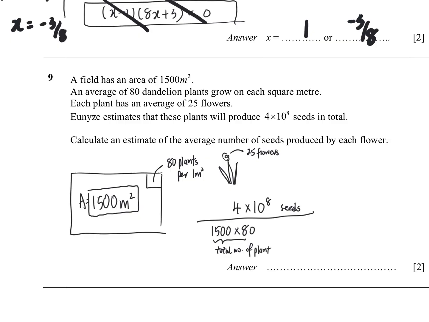And then for every plant, there will be 25 flowers from each of the plants. So you times 25. That's it. So just press calculator. Okay, you will get 133 and 1/3 seeds per flower.